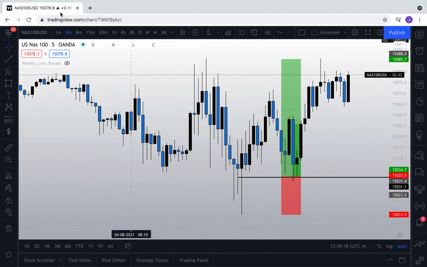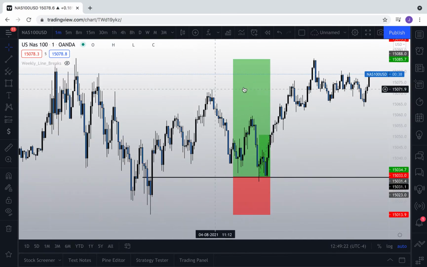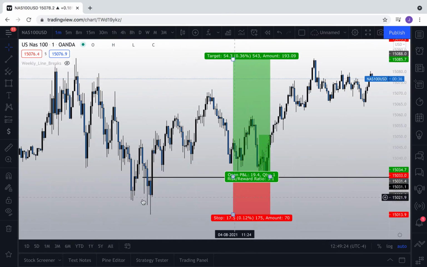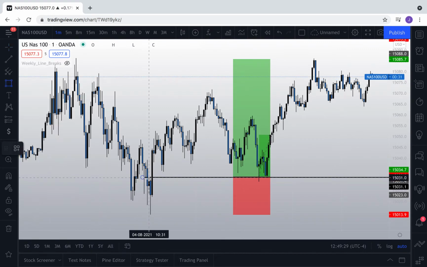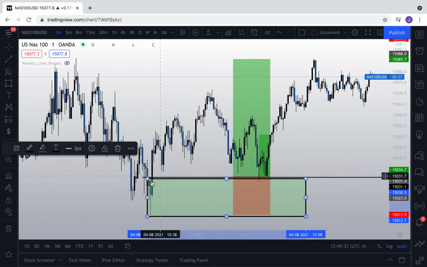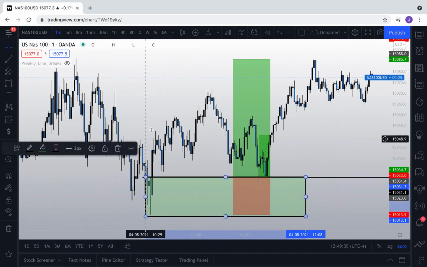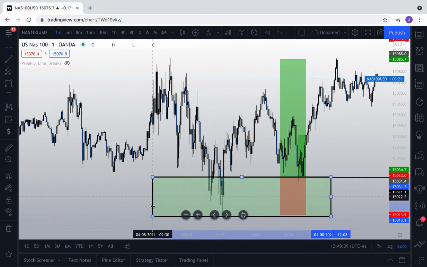For instance, this trade I took right here off of this OB right here. So I'm going to go ahead and draw this out. And I'm also going to extend it to the left.